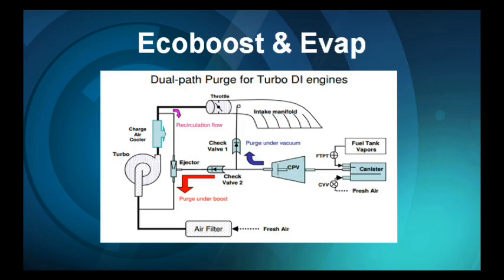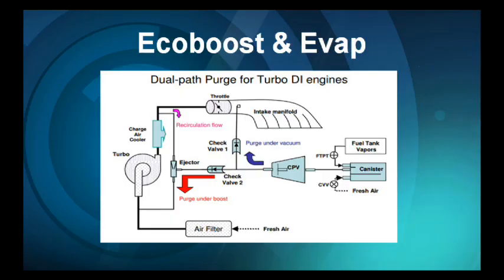As you can see, if we happen to be purging during normal engine operation and we're not in a boost situation, we're going to flow from the charcoal canister, the fuel tank vapors, through the canister purge valve and move right into the intake manifold under vacuum. Now, if we're in a boost situation, the ejector valve, you can see, is tied to positive pressure and the suction side of the turbo.